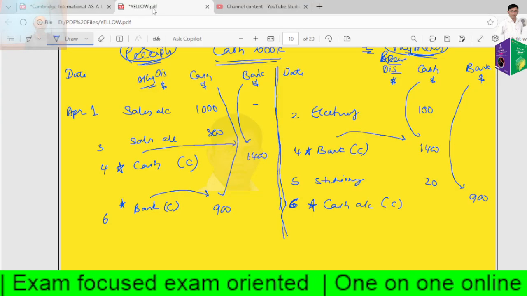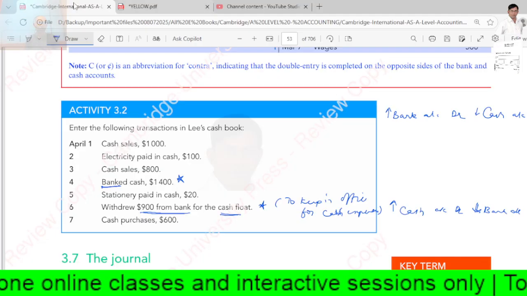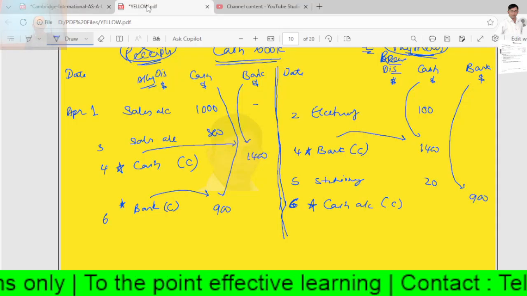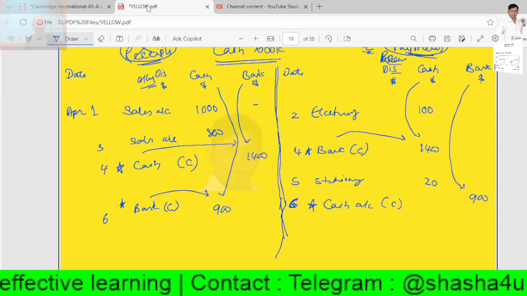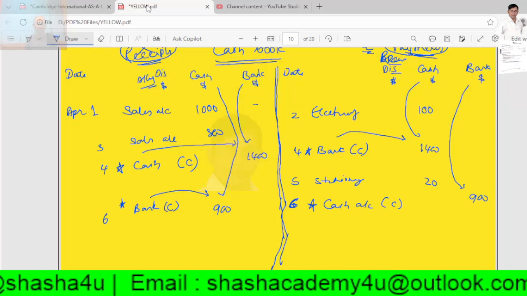So this is the end. They have not asked to balance. If you want to balance, how do you balance? You add here, so we total here.